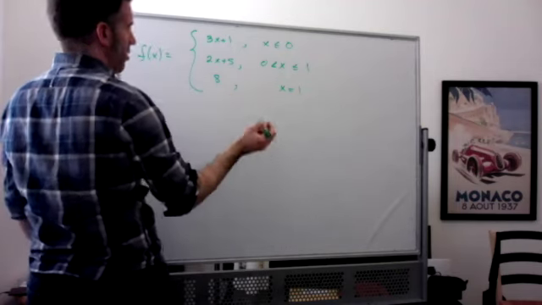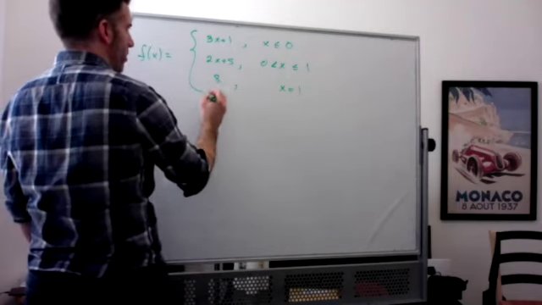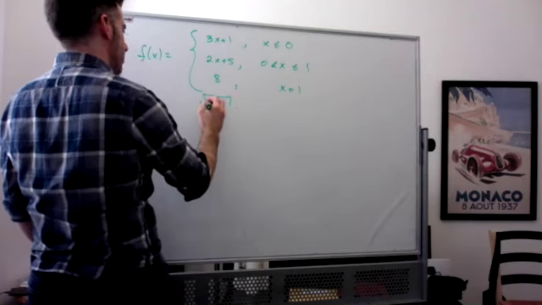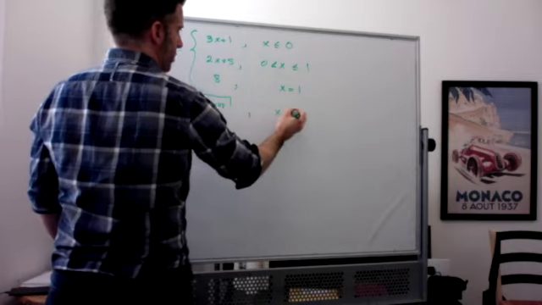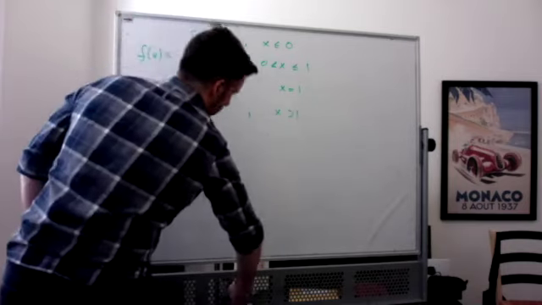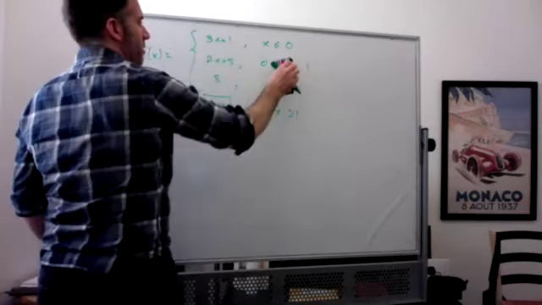And I don't know, the square root of x plus 48 when x is greater than 1. There shouldn't be an equal to there, sorry. Can't be equal to two different things. There we go.